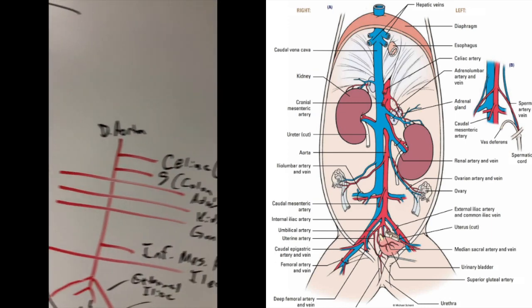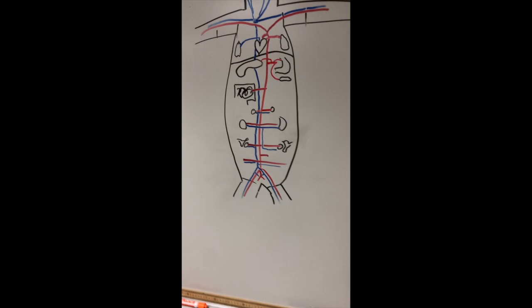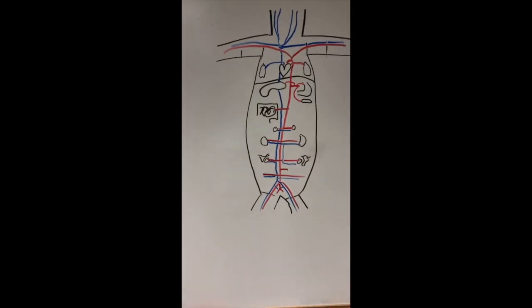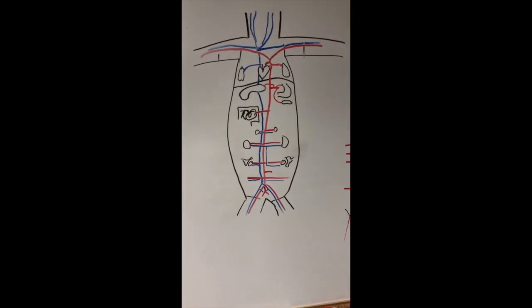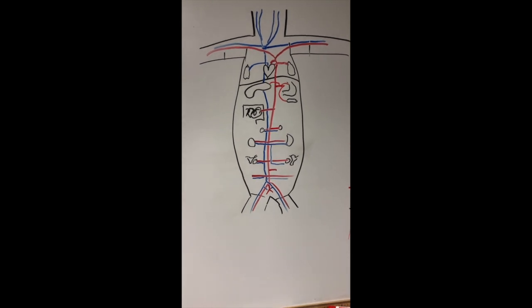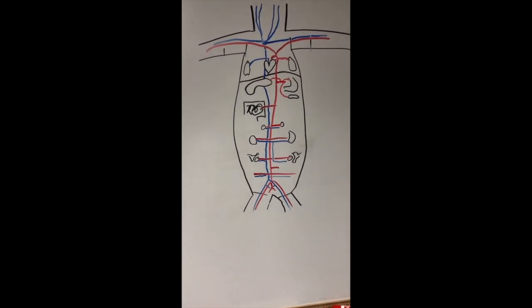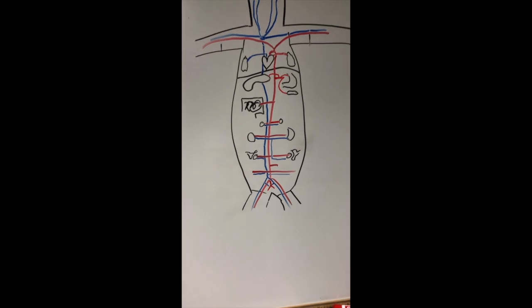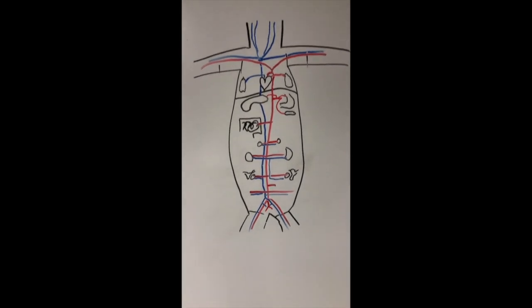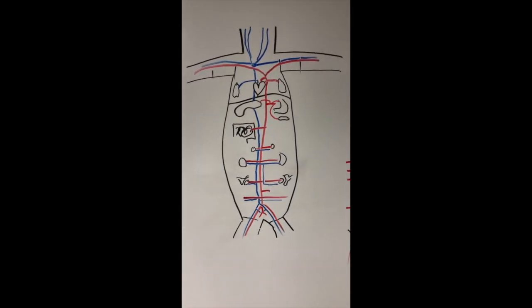So a portal system is a system of veins that drains not directly to the heart. So arteries leave the heart, veins return to the heart, but a portal system takes you between capillary beds.